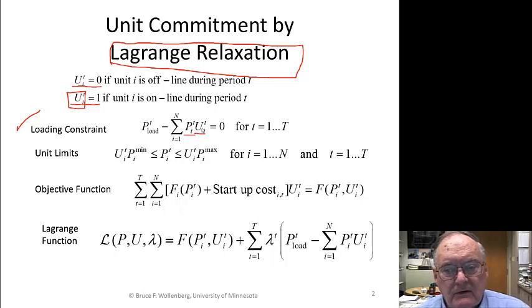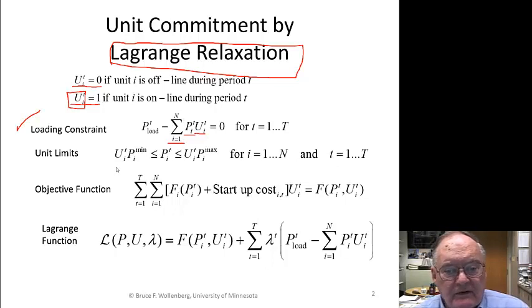So if this is 0, well, then that unit doesn't have any output. It's off, so we don't even count it. But if it's 1, then that gets a 1 multiplied times the unit output. And it just simply says that the sum of the outputs must equal the load. So the P load minus this equals 0. Now note, this is summed, i equals 1 to n, where n is the number of generating units. So it's summed over all generators.